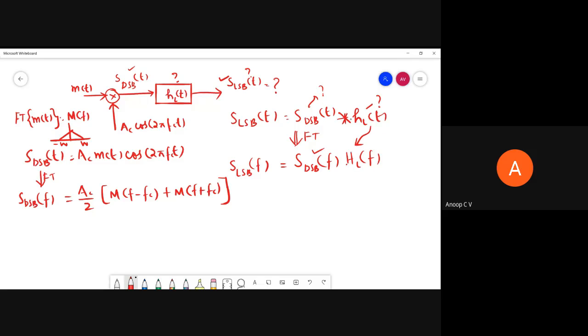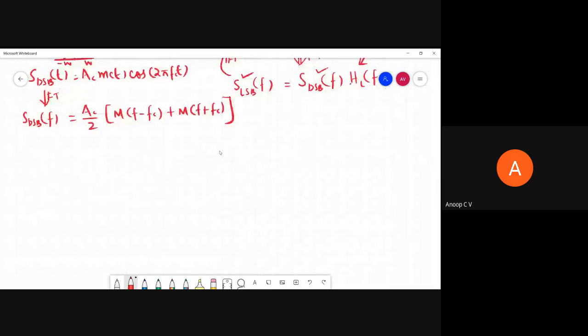We'll first find S_LSB(f), then take the inverse Fourier transform of it and obtain the time domain expression. That is our aim. We know S_DSB(f). If I can successfully remove the upper side band from the spectrum of S_DSB(f), whatever remains will be S_LSB(f).